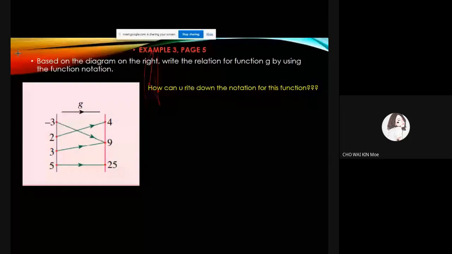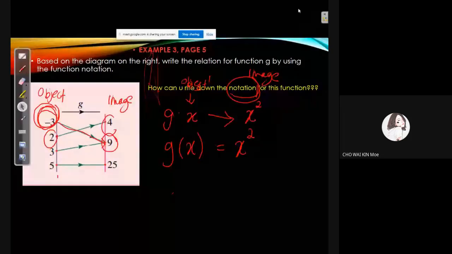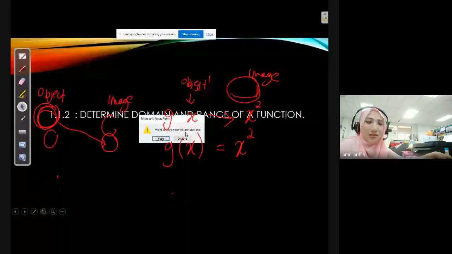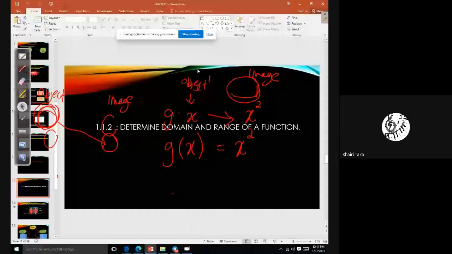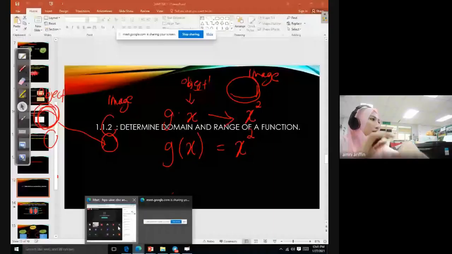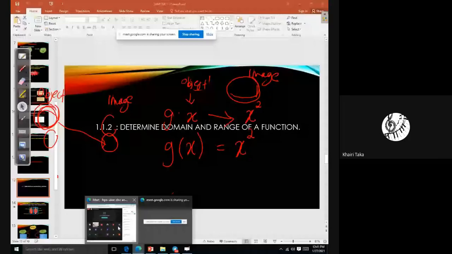Wait, teacher, so the power of 2, right, is not a fixed thing lah. It's all depend on the diagram, right? Yes. If got power of 2, and then suddenly got power of 3, then what happen?